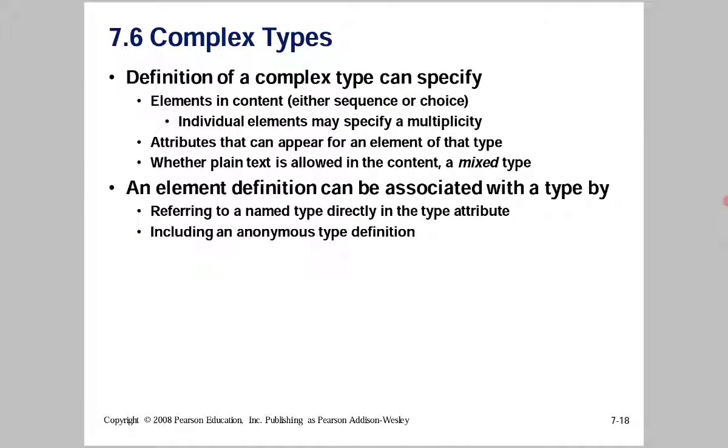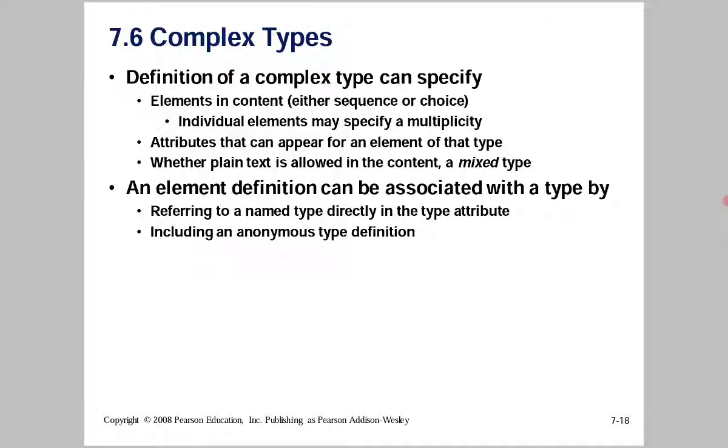Complex types are generally used to create complex databases or complex records. The definition of a complex type can specify elements in a content, either a sequence or a choice. Individual elements may specify a multiplicity, attributes that can appear, and whether plain text is allowed in the context.